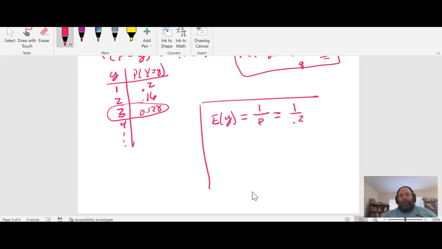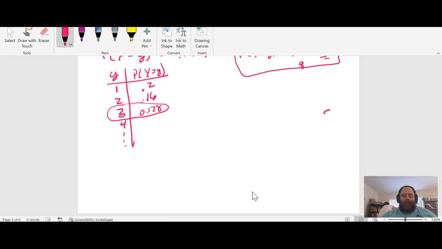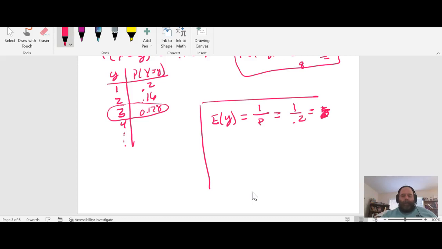So this is 1 over 0.2, which is 1/5, so I would expect to get the first one right on the 5th trial. Does that mean it's going to happen there? No, but it's the most likely trial for it to happen on.